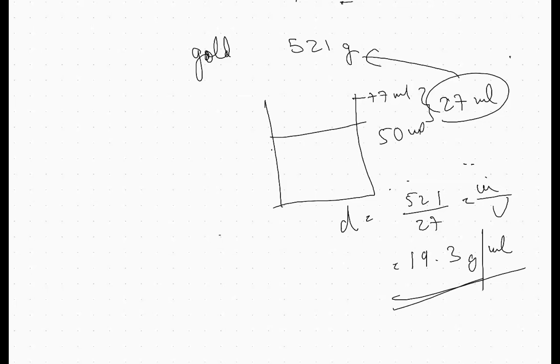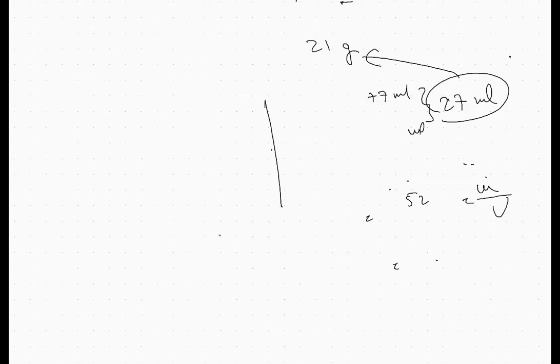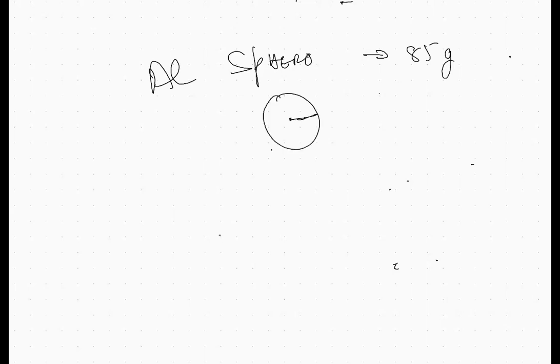Okay, so this is a different kind of question. This one, you have a sphere. Okay. So it's an aluminum sphere. The mass is 85 grams, and the diameter of that, the sphere all the way across, is 3.92 centimeters.